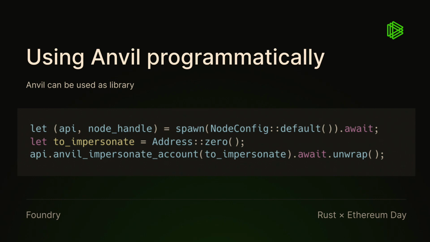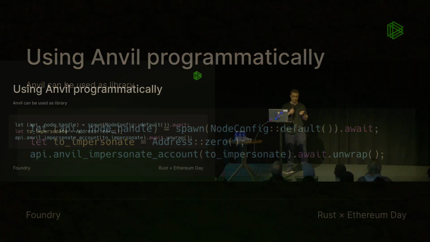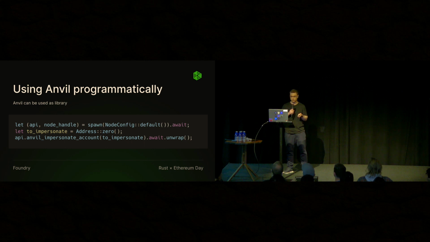Another cool thing with Anvil is that you can use it programmatically. So you can use it as a library, and we see a lot of folks using that for simulations specifically. And getting it to work is super easy. You have basically just one entry point. You configure your node, like if you want to fork some network, chain ID, whatever.